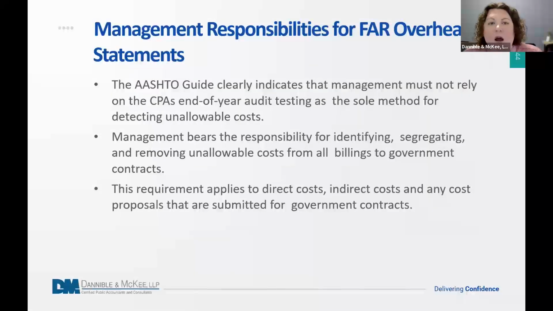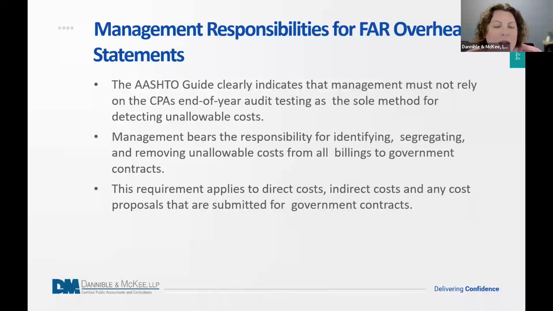In this, we have talked about management's responsibilities for FAR overhead rate statements. The AASHTO guide clearly indicates that you as management can't just rely on the CPAs. While I have so much knowledge to share with you, you've got to have your own knowledge and understanding of what's allowable and unallowable. When the New York State DOT comes to you and wants to audit or look at your overhead rate, they're going to look to you.